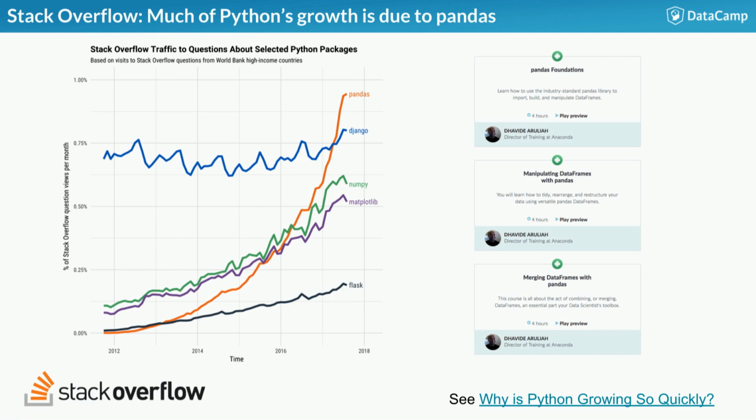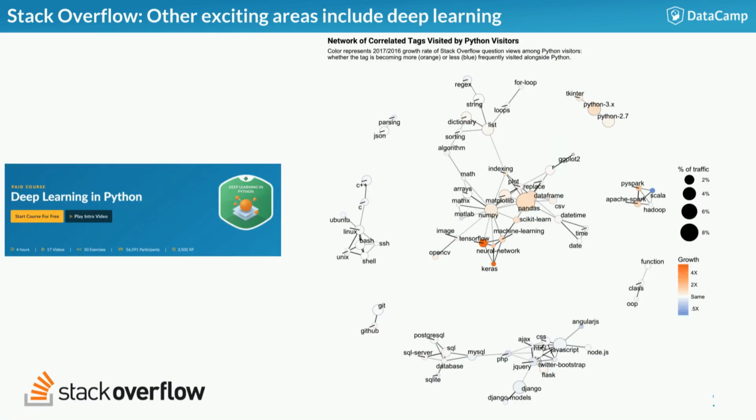As you can see from the graph, while Django is roughly flat, so there's not really a lot of growth there, the growth is really driven by the software packages that are used for data analysis and data science, and especially the growth of pandas is just off the charts. And this was for DataCamp a strong indicator that we wanted to build multiple pandas courses, and we did so in collaboration with Anaconda. So we're really excited about that.